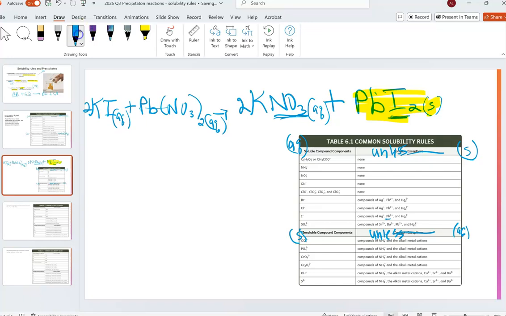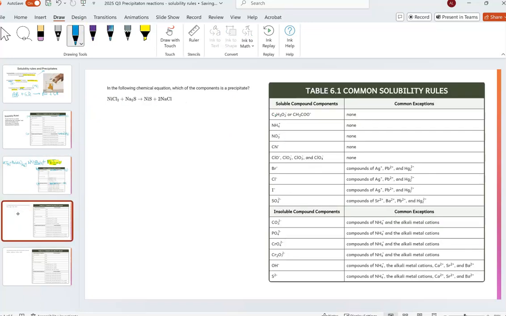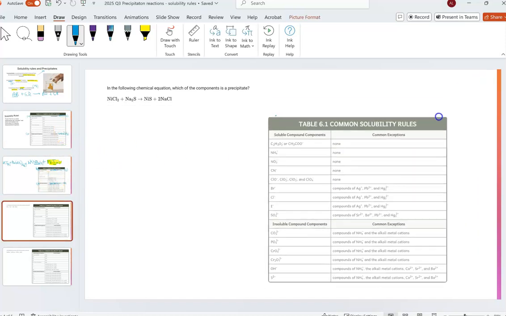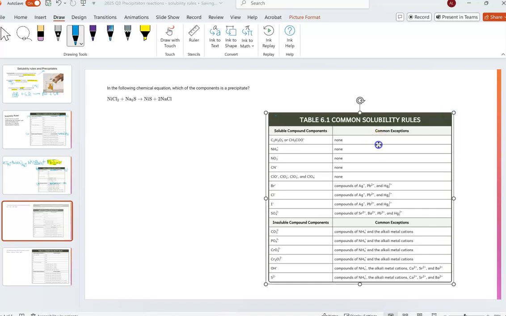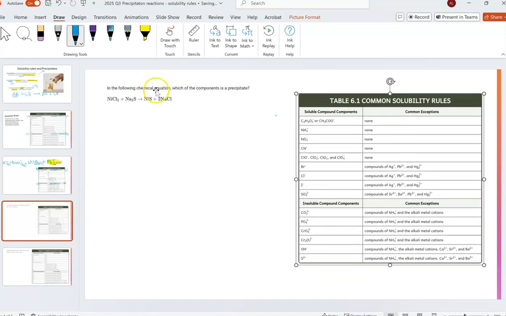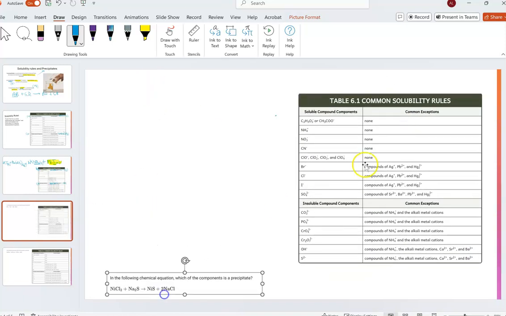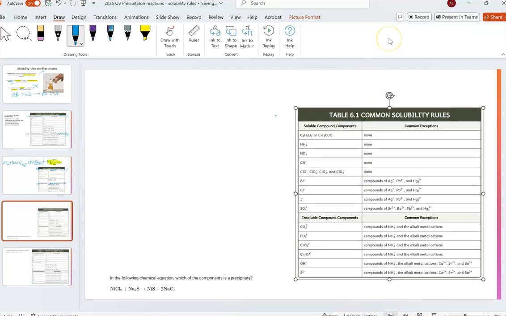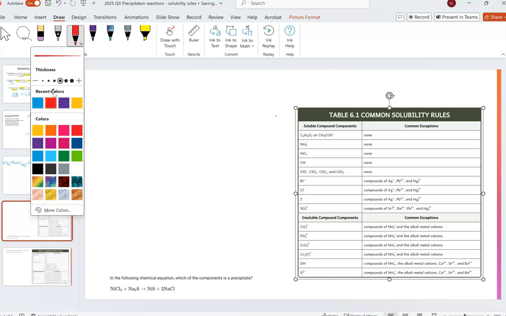Okay, let's do another example or two. Again, let's try and kind of mark this guy up a little bit, because I might have to rewrite this equation to make things a little bit better. Okay, so soluble is, don't forget, change my colors.